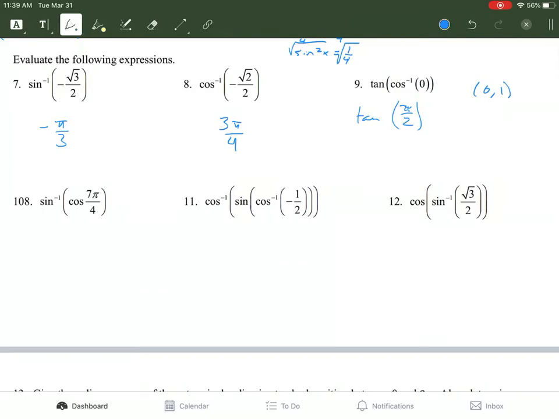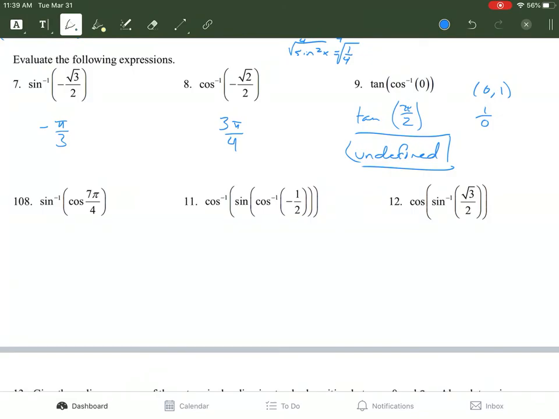So you have the point of 0, 1 at pi over 2. Well, to find the tangent, you do 1 divided by 0, which would be undefined. That's really ugly. Let's write that better. Okay, so that would be your answer for that one.